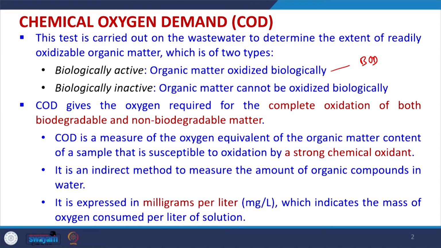So, it is an indirect method of measuring the amount of organic compounds in the water, and generally it is expressed in milligrams per liter, where milligram is the mass of oxygen consumed. So, milligram per liter is mass of oxygen consumed per liter of the solution.